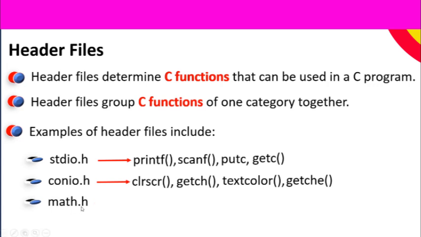If you want any function relating to mathematics, there is a special header file that needs to be included to enable you to use some of these mathematical functions, one of which is pow, sqrt, which stands for square root, exp, which stands for exponent, fabs.